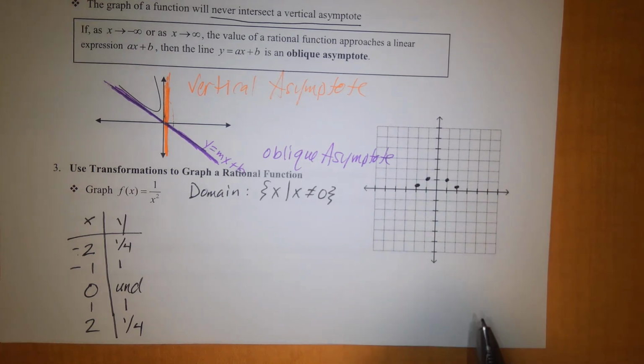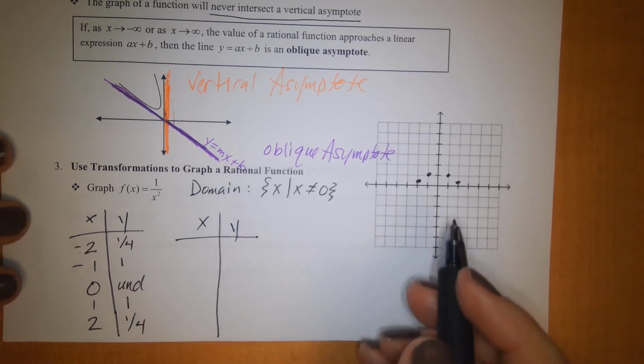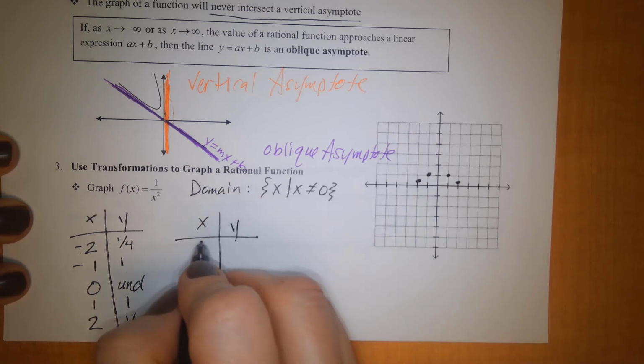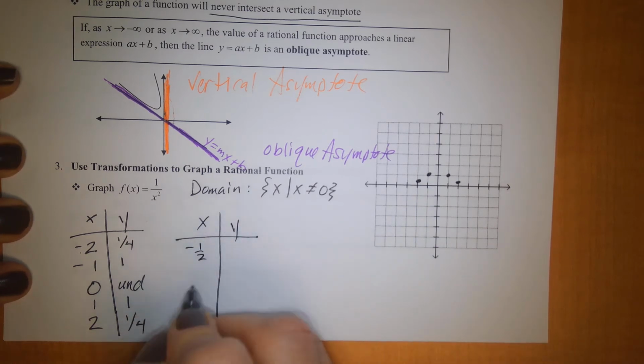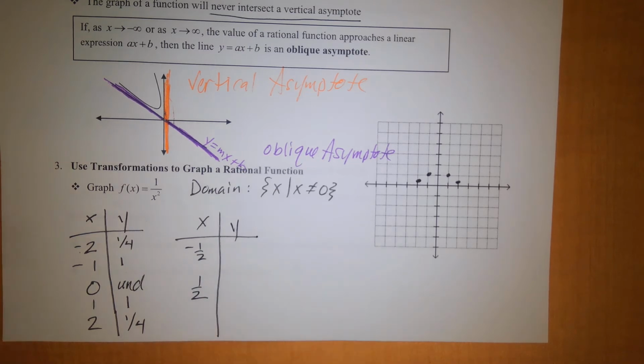So I'm not so sure that there's enough information yet to graph it. I'm going to graph a couple more points. Let's graph somewhere in between here. Let's graph -1/2 and positive 1/2. If I put in negative 1/2 in here, sometimes it's easier to do this in a calculator if you prefer.